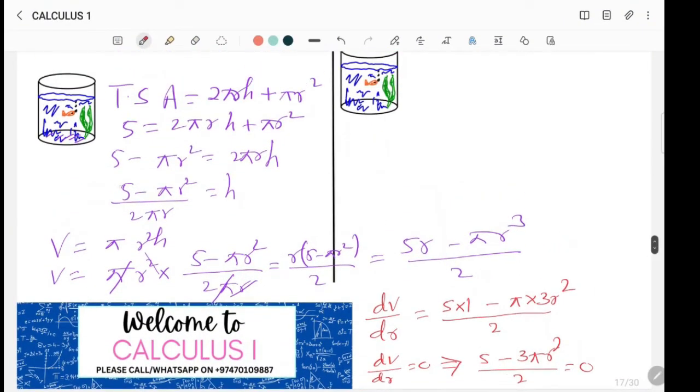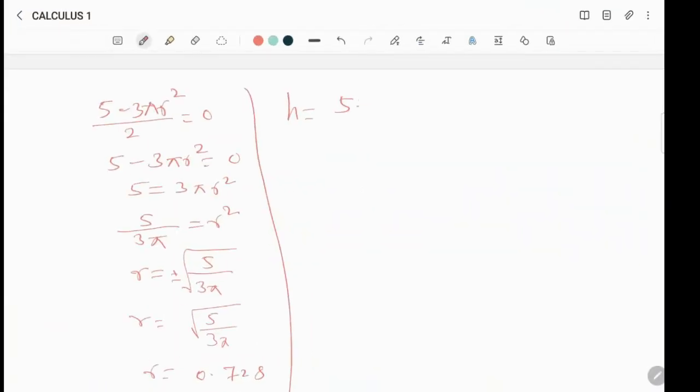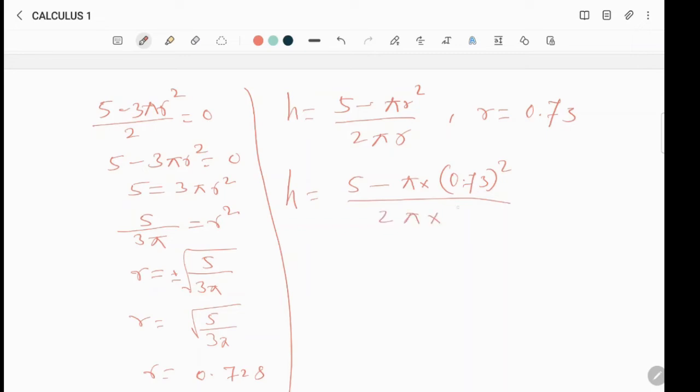Height is 5 minus pi r square over 2 pi r. Now put r equals 0.73. So this height is 5 minus pi times 0.73 whole square over 2 pi times 0.73.